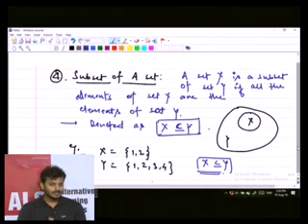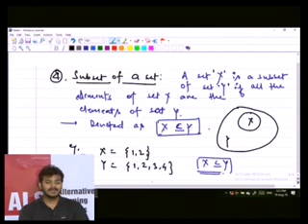Yes, very good. So your fourth point, which we have already covered, is subset of a set. What is a subset of any set basically? A set X is a subset of set Y if all the elements of set X are also elements of set Y, right?